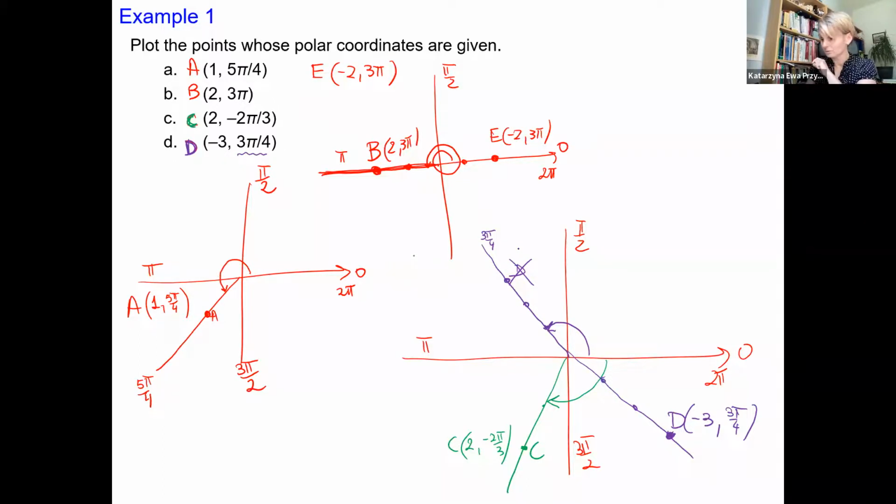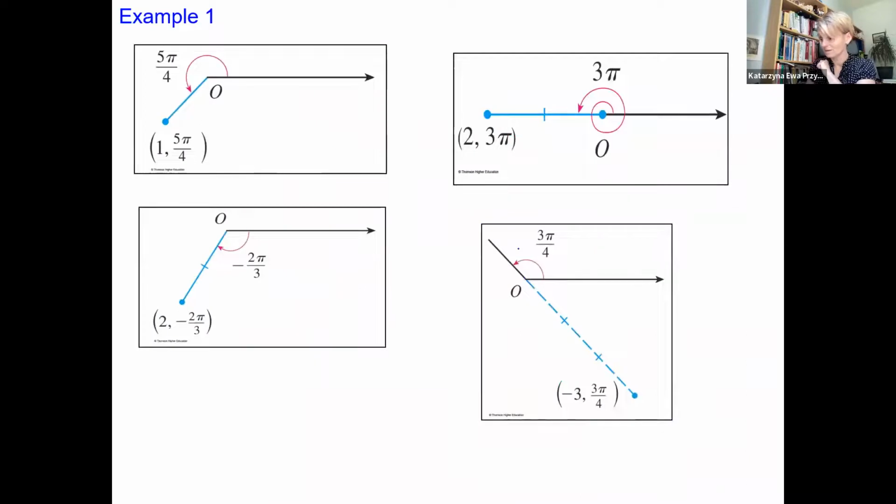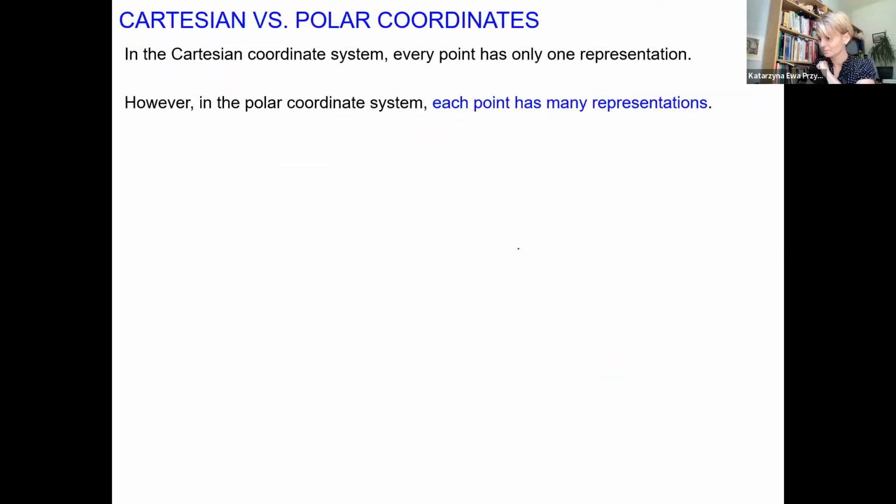Now, what I would like to do, we have the solution. We know that each point will have many representations, but let's not keep the angles just between 0 and 2 pi, as we usually do. Let's check something.